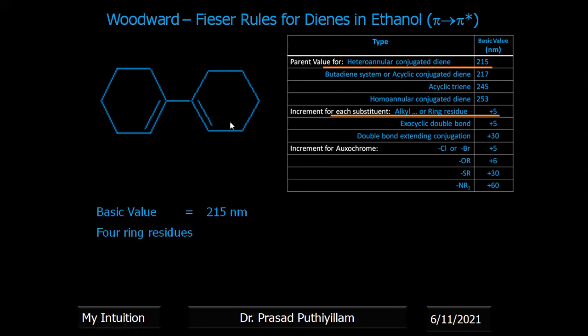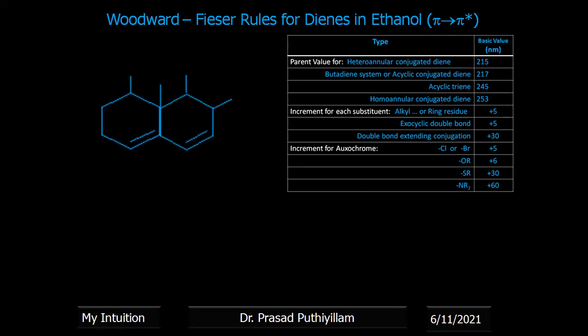So 4 ring residues we consider. 4 into 5, that is 20 nanometer. Calculated value is 215 plus 20, 235 nanometer. Okay, so this is the calculated value by the Woodward-Fieser rule for dienes in ethanol with a pi to pi star transition.